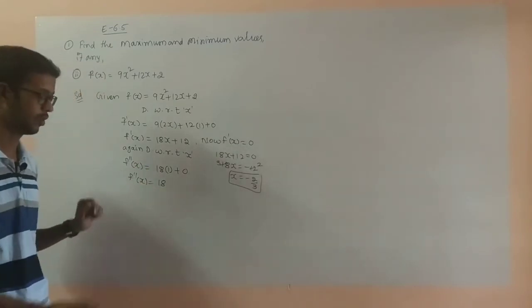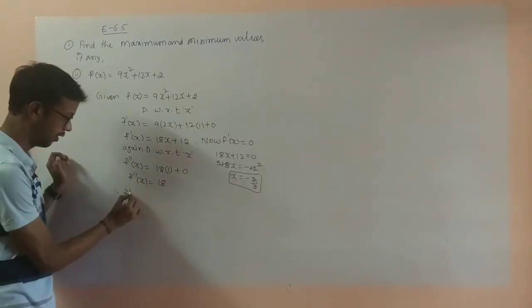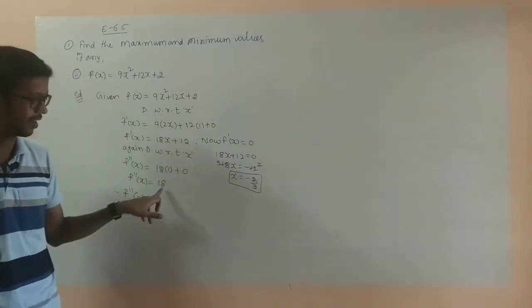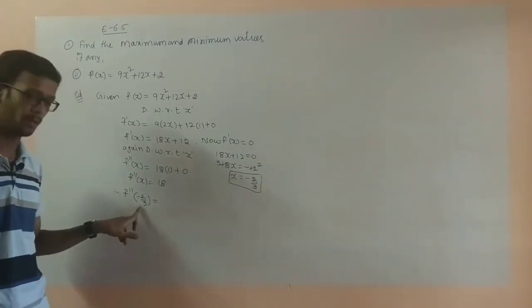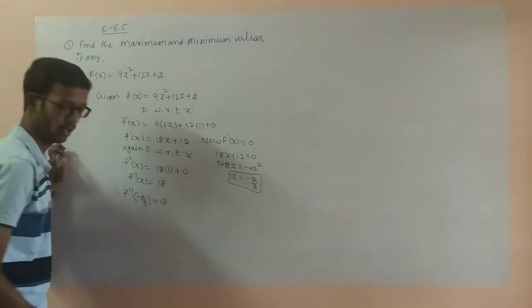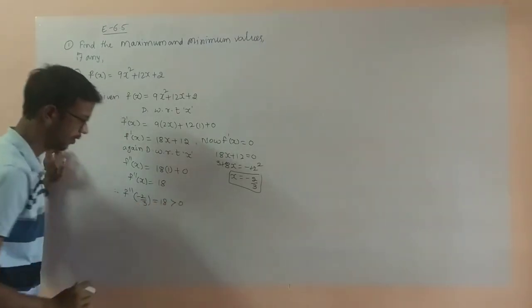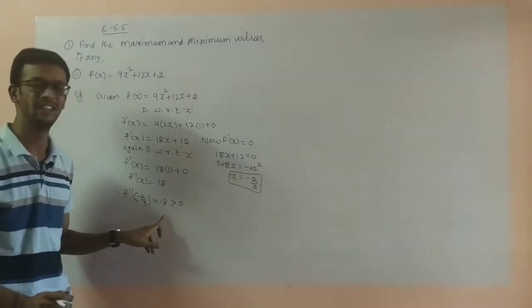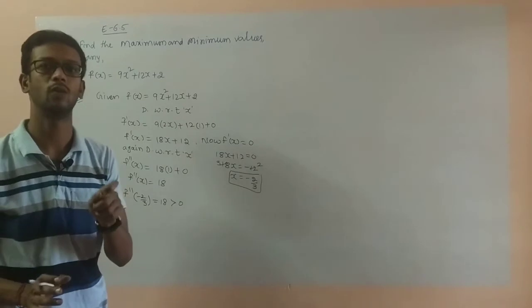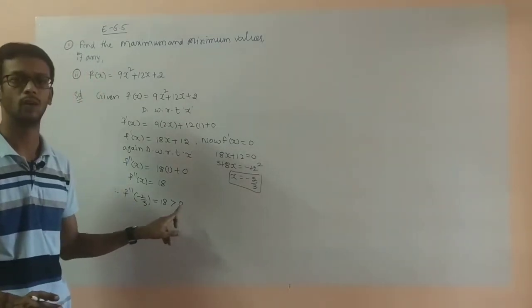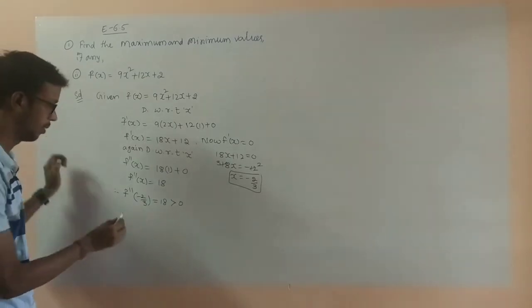We have to substitute the point here. Therefore, f double dash of minus 2 by 3 is equal to 18. This is a constant function, so if you substitute any value, the value is 18 only. You just have to take the sign, positive or negative. Greater than 0, already explained.